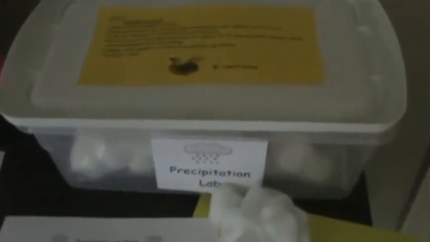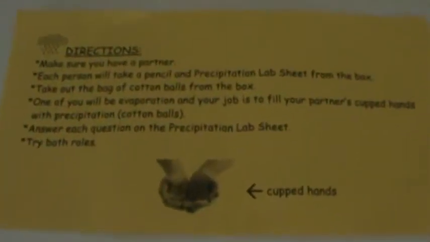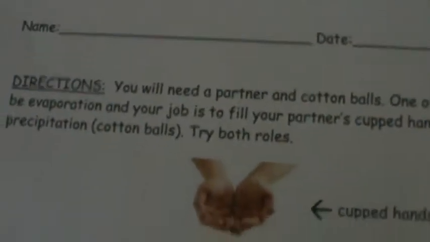Station 3 is a precipitation lab, and it's stored in stackable containers. Directions for this lab are on the top of the container box and also on the precipitation lab sheet.